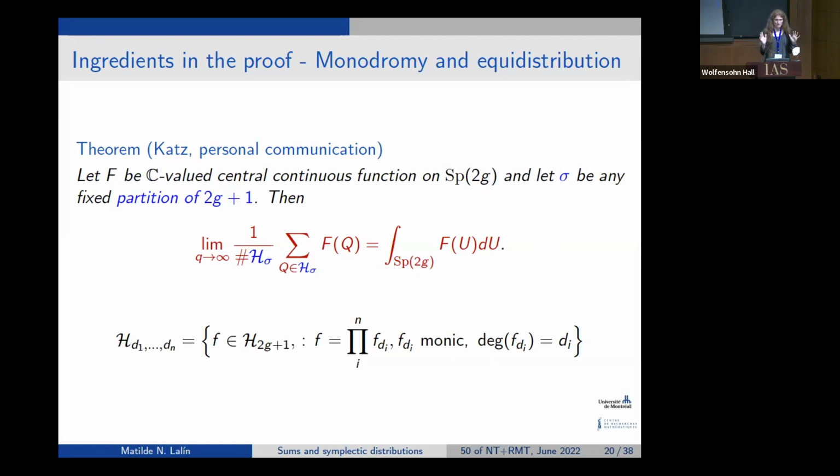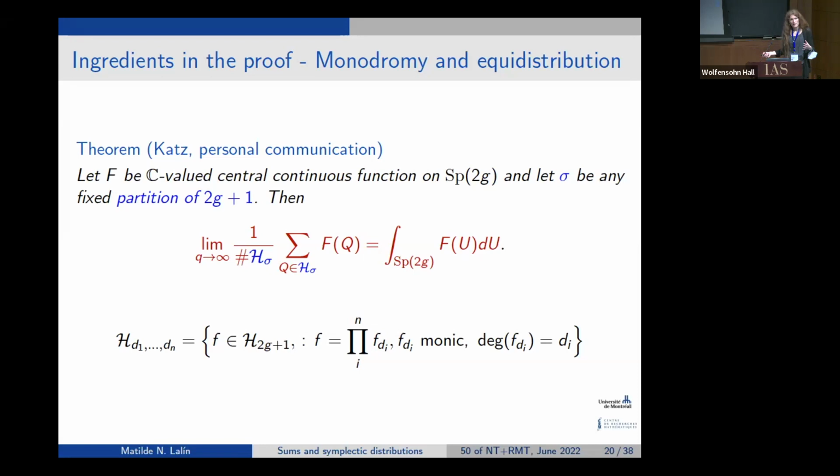The idea is that we consider different factorization types. So instead of taking just the whole H, the square-free polynomials of degree 2g plus 1, we fix a certain factorization. I'm going to call H_{d1,...,dn} the set of f in H_{2g+1}, the square-free polynomials of degree 2g plus 1, that can be written as a product of f_{di}, with f_{di} monic and degree of f_{di} equal to di.